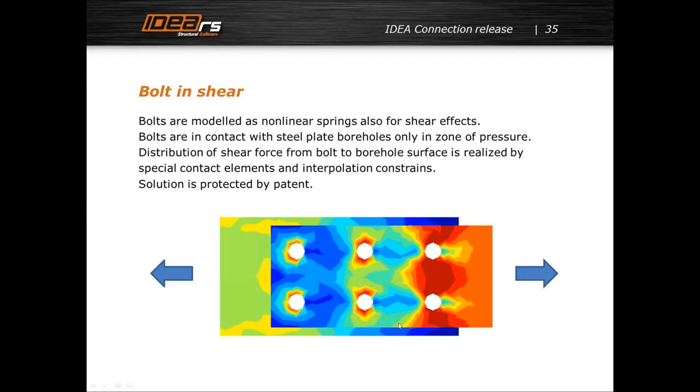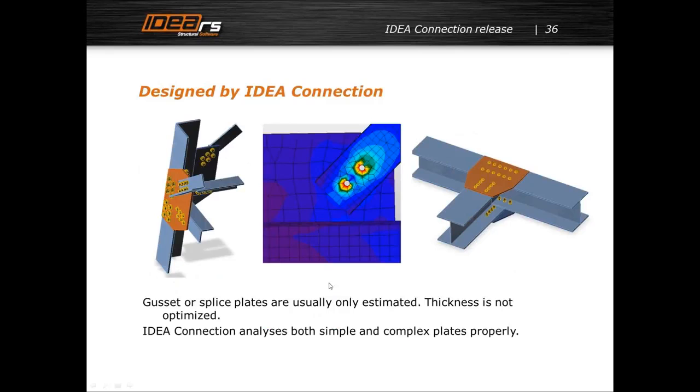So the shear is calculated with this special model with contact elements, and we also do a special mesh around boreholes. You can see here that around each borehole we have a predefined mesh with these specific elements, and it works quite nicely.